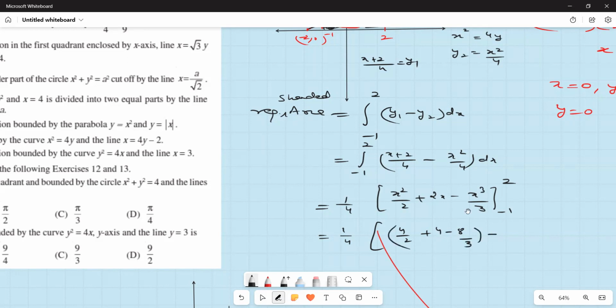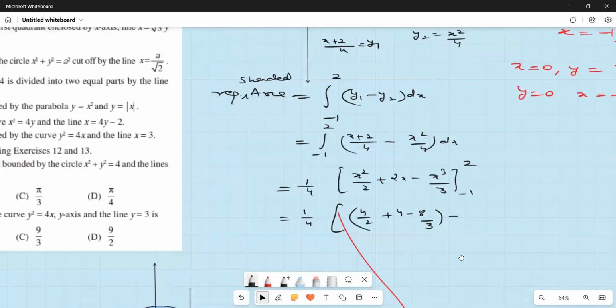Minus lower limit. If I put minus 1, square will be 1 by 2 minus 2, minus 1 cube is minus, minus minus plus 1 by 3.